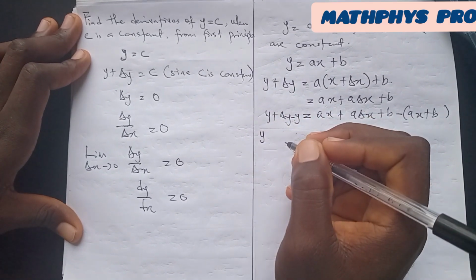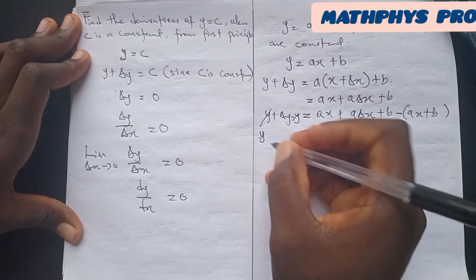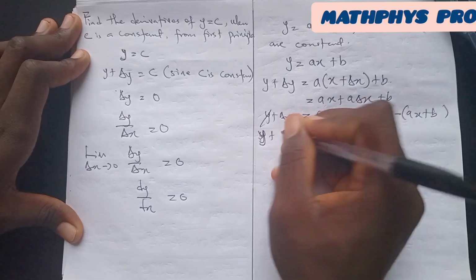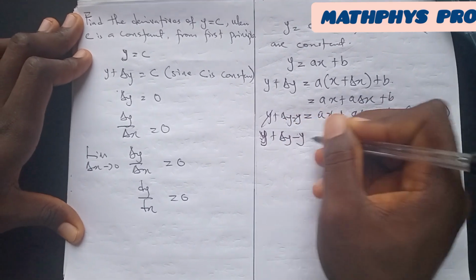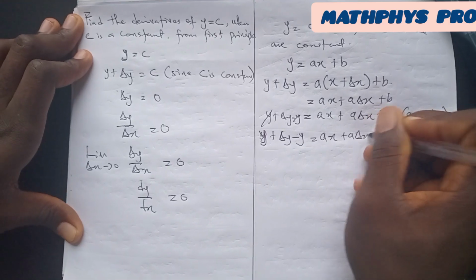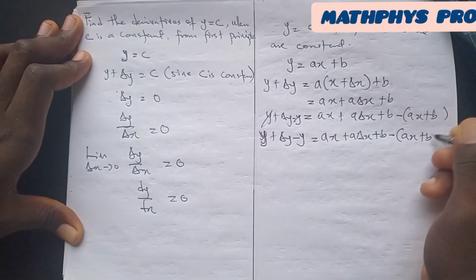Well, let me write it for better understanding. I will say y plus change in y minus y is equal to ax plus a change in x plus b, minus ax plus b.